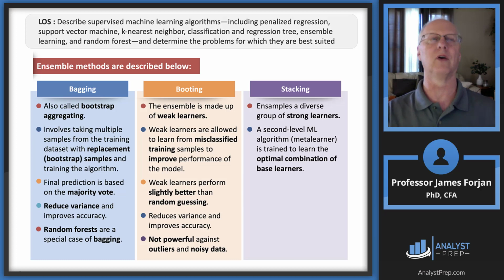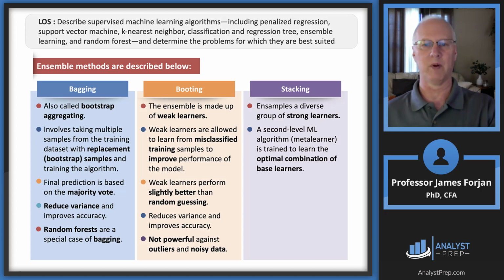A weak learner is probably going to misclassify regularly or systematically, so we want to make sure we avoid that as we move through time. So this reduces variance and improves accuracy, just like the bagging did in the random forest in the left column. But what it doesn't handle very well is data that's very noisy and data that contains a substantial number of outliers. So remember, boosting is weak learners.